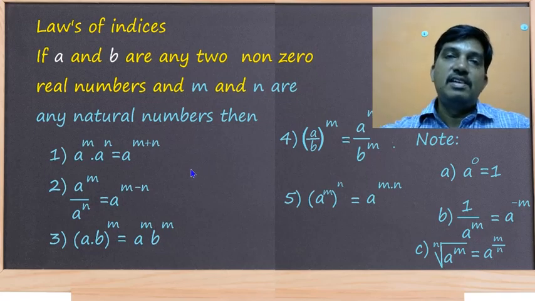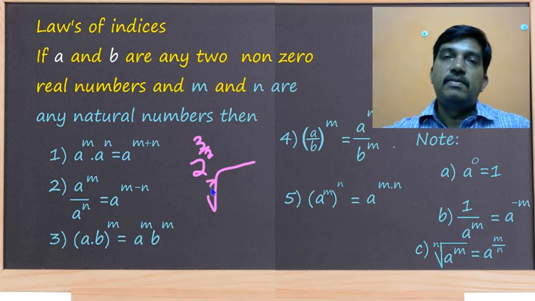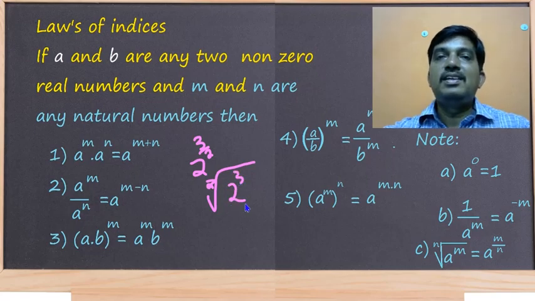You just see here, just take 2 to the power 3 by 2. And what is 2 to the power 3 by 2? According to definition, that is equal to square root of 2 to the power 3. And what is 2 to the power 3? 8. That is square root of 8.